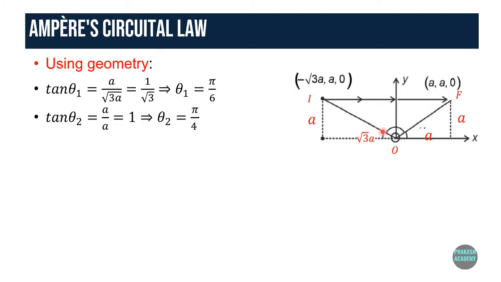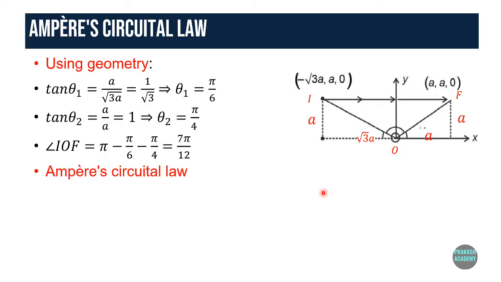So, now I know this angle and this angle. So, we can calculate this angle, basically pi minus this angle and this angle. So, the angle IOF will be pi minus pi by 6 minus pi by 4, and if you calculate this, it is 7 pi by 12.